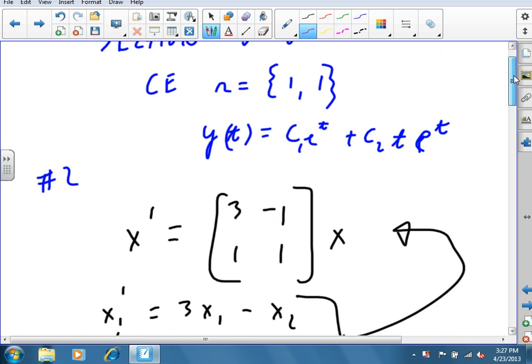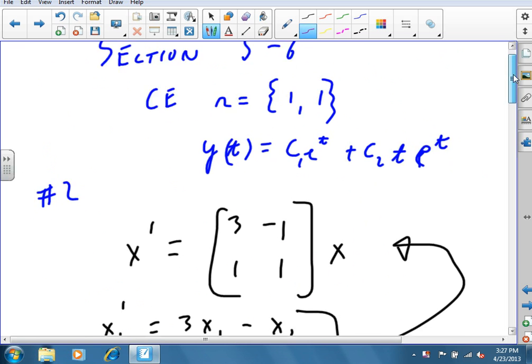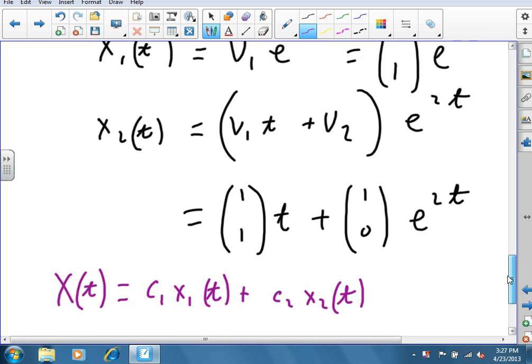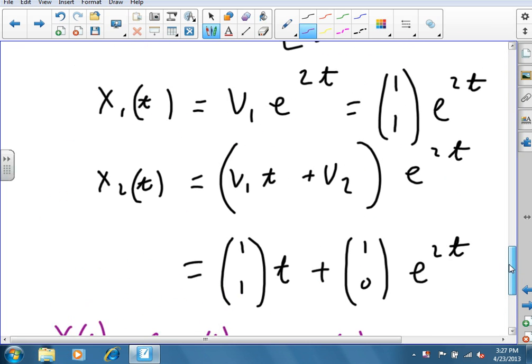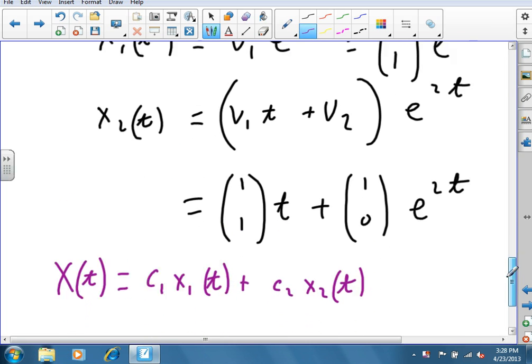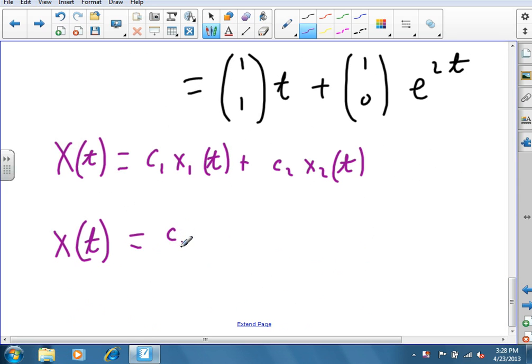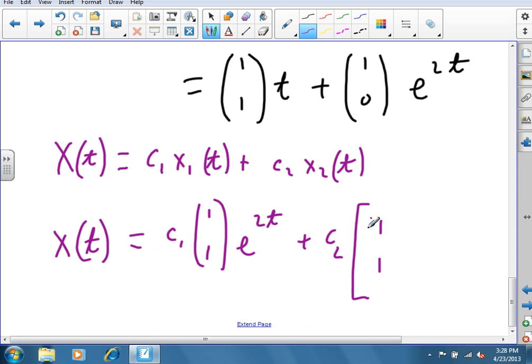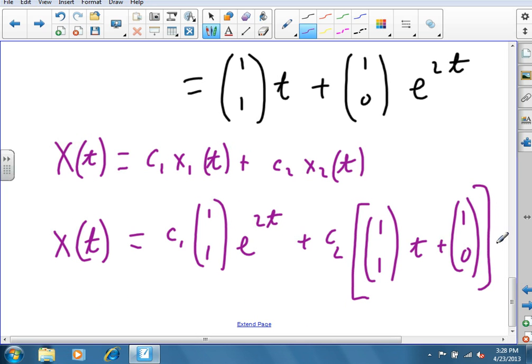We're currently doing problem 2 of section 5-6, and we're about to write down the final answer if we can remember what it is. So it's going to be C1 (1, 1) e to the 2t plus C2 times ((1, 0) t plus (0, 1)) e to the 2t.